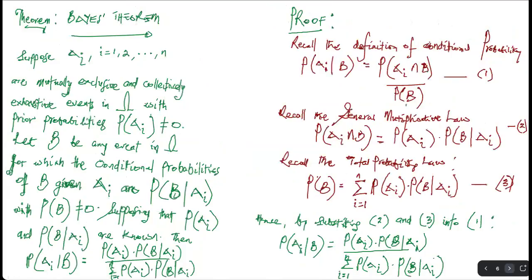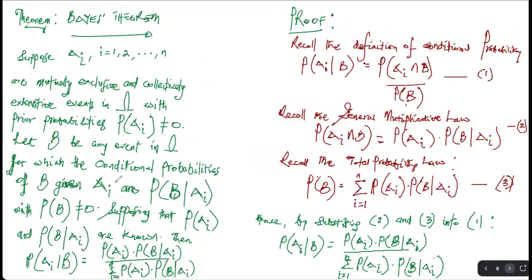Then we established, in formal terms, Bayes' probability, and we've proved it, recognizing that it comes from utilizing the definition for conditional probability and applying the general multiplicative law and the total probability by substitution. And that results in the Bayes rule or the Bayes theorem.